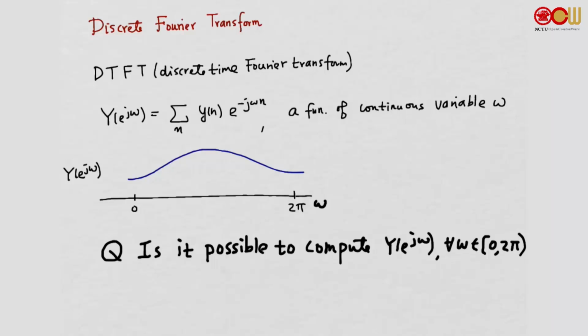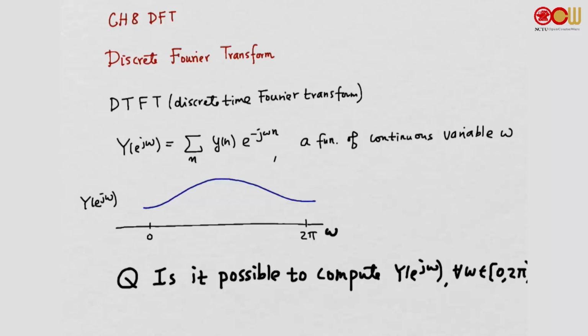Nowadays we rely on the computer to give us plots of the Fourier transform routinely. We use the computer to generate plots of the discrete time Fourier transform all the time. So how does the computer do it? It samples the discrete time Fourier transform.